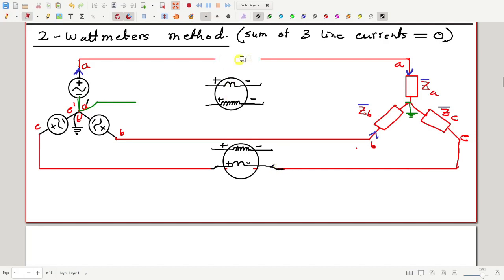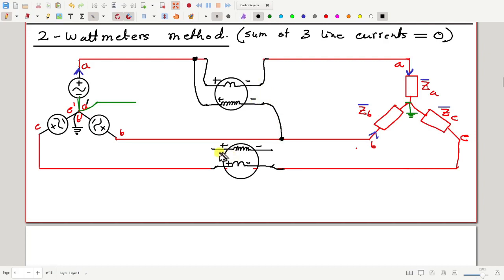So let me choose line A. Once that is done, next, the voltage coils should measure the voltage of the selected lines with respect to the unselected line. So here we have selected line A, so I will measure the voltage of line A with respect to the unused, unselected line, that is line B.